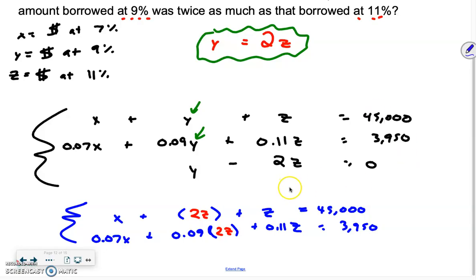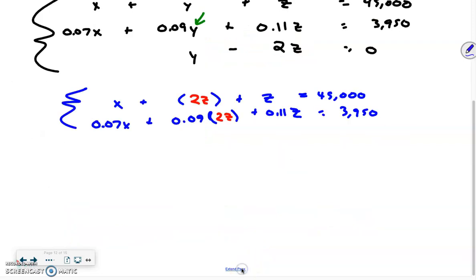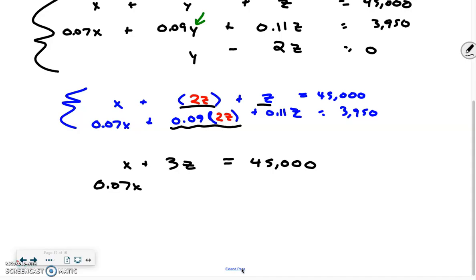Now, yeah, we have to clean it up a little bit, but the structure is there. Okay, so in cleaning this up, top equation is going to be a little bit easier. We have x plus, what's 2z plus z? 3z equals 45,000. All right, now with your help here, that second, we've already got the 0.07x. But go with me on this though.